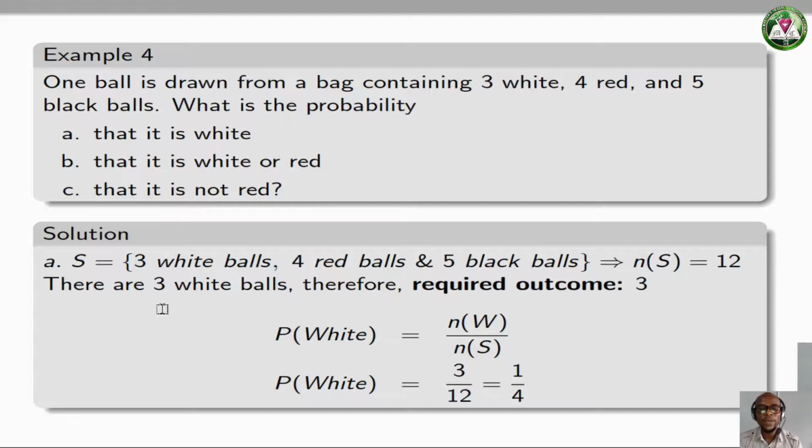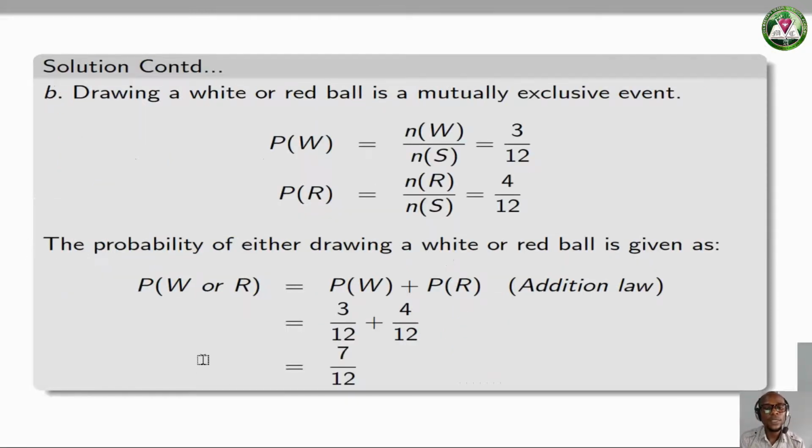So the probability of picking a white ball equals cardinality of white balls over cardinality of the sample space. The required outcome equals 3, and the total outcome is 12. So the probability of picking a white ball equals 3/12, which can be reduced to 1/4. I believe that's understood. Then moving on to the next question.